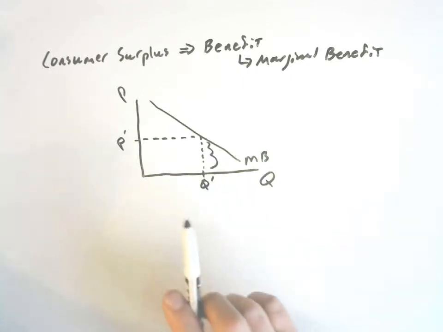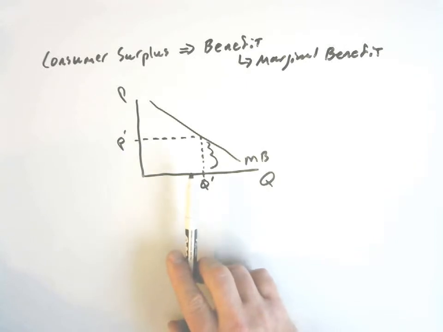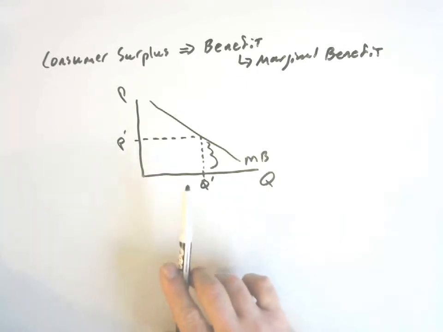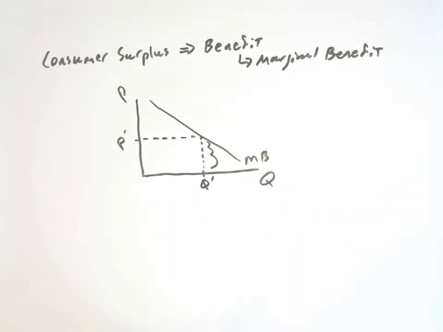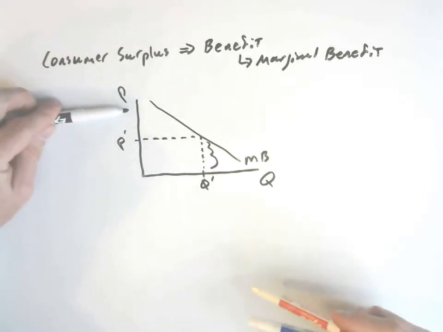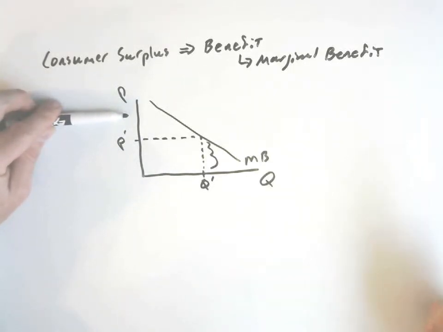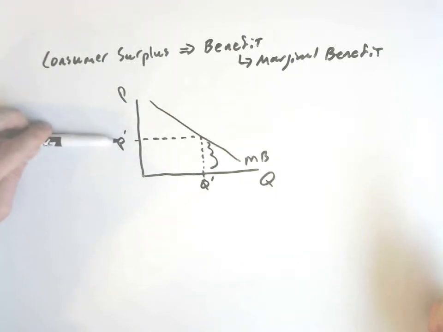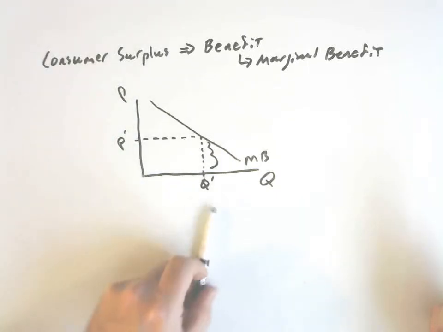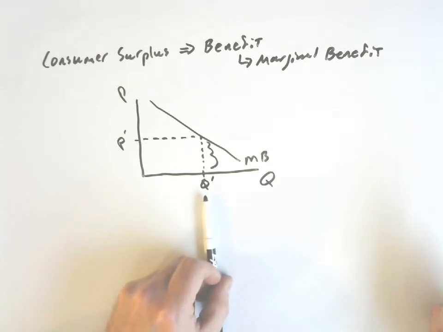Now why is this dynamic interesting? Because we had the identical dynamic with demand, only it was viewing demand from the price axis. In demand, when we were outlining the law of demand, we said at a price of P prime, how much would we be willing to purchase of the product?